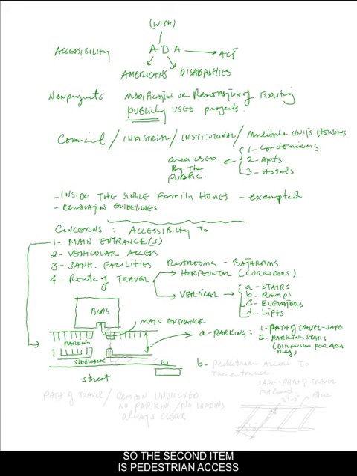So the second item is pedestrian access to the entrance, which again concerns the most important thing is you have to have a safe path of travel outlined.